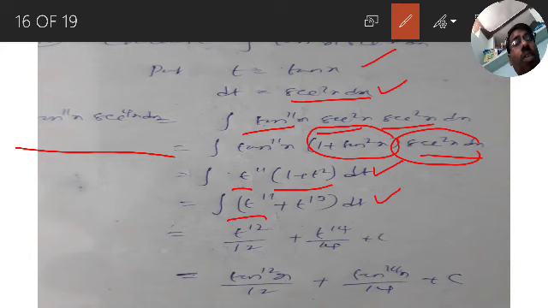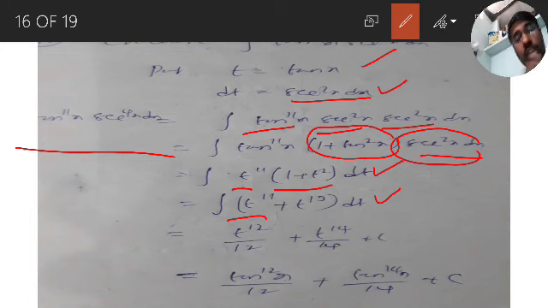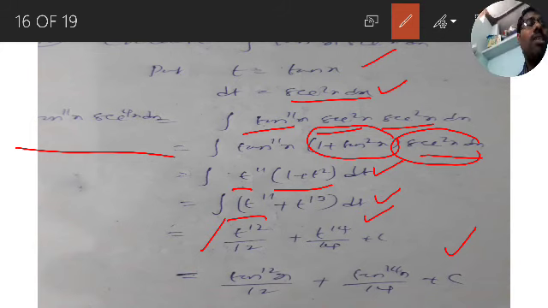Integration of x to the power of n is x to the power of n plus 1 by n plus 1. So t power of 11 integrates to t power of 12 by 12, t power of 13 integrates to t power of 14 by 14. In place of t write tan power of 12x by 12 plus tan power of 14x by 14 plus c.